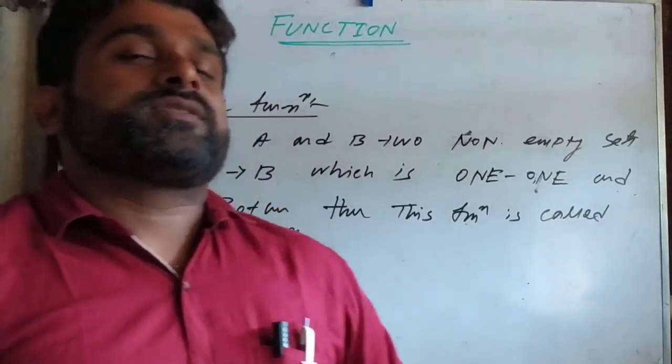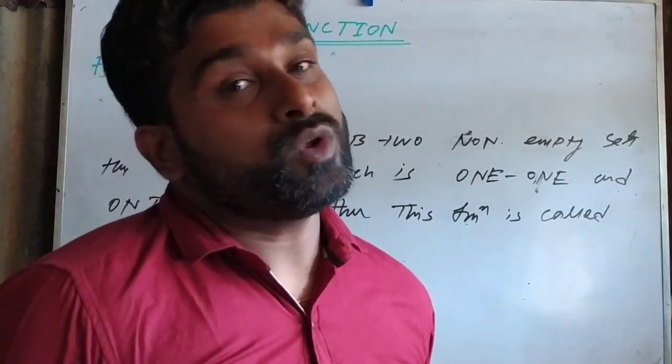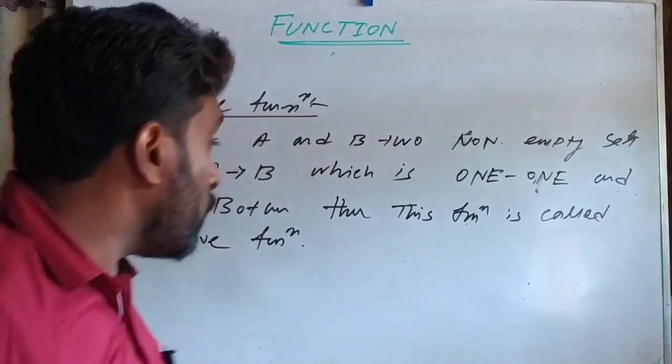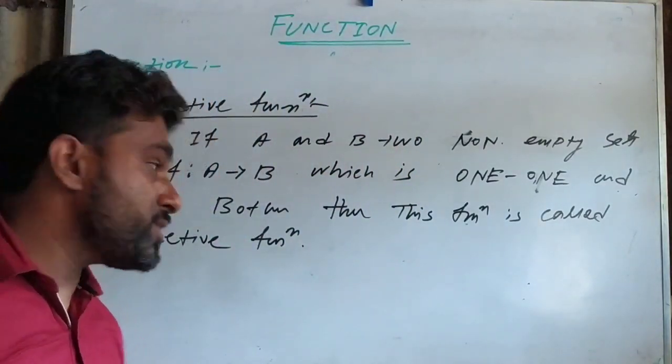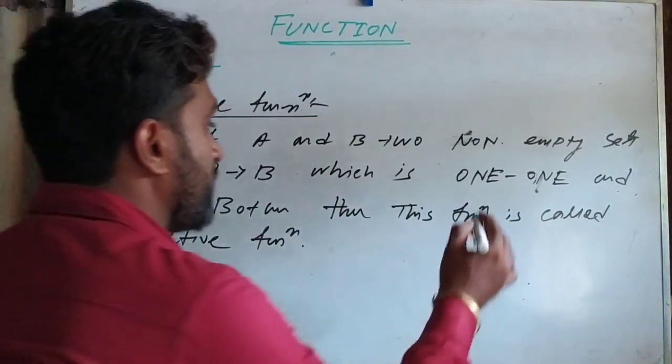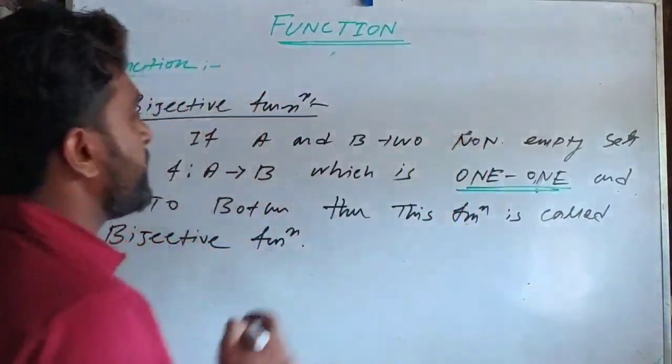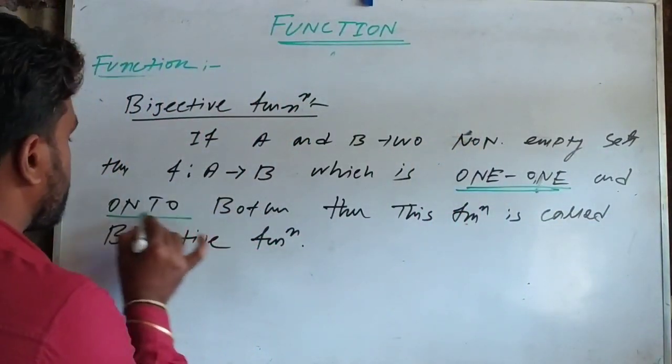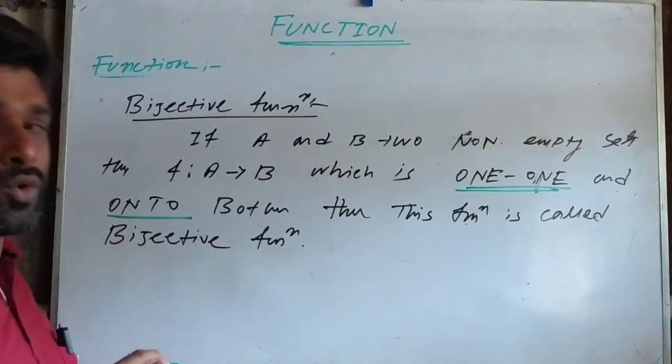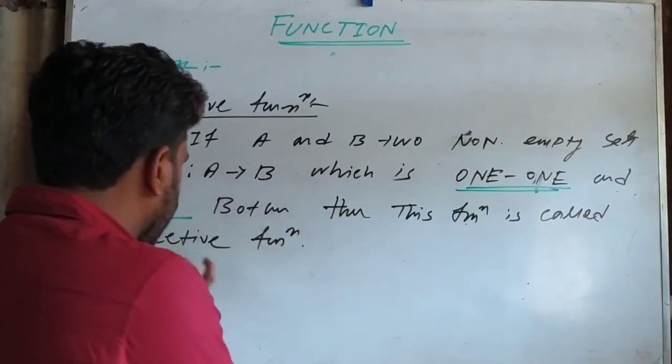Here you can see, if one particular function will be both, that means 1-1 and onto, that means one particular function will satisfy both the properties. It will be 1-1 and onto also. Then this function is called the bijective function.